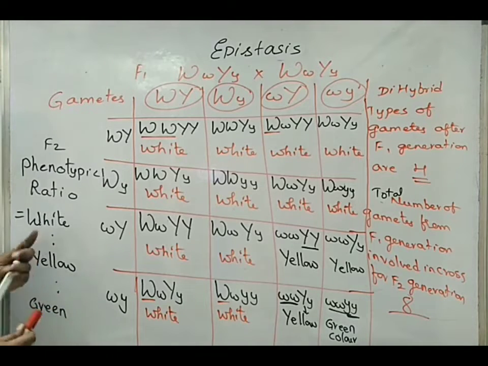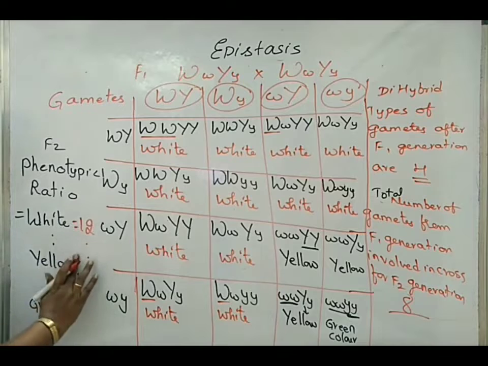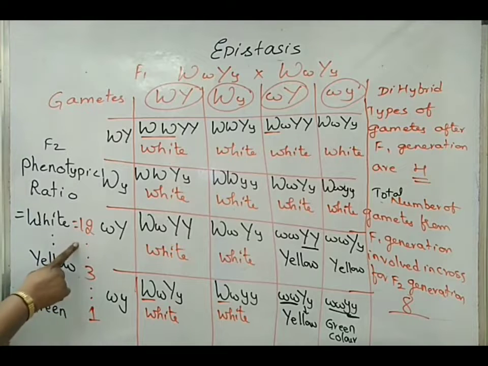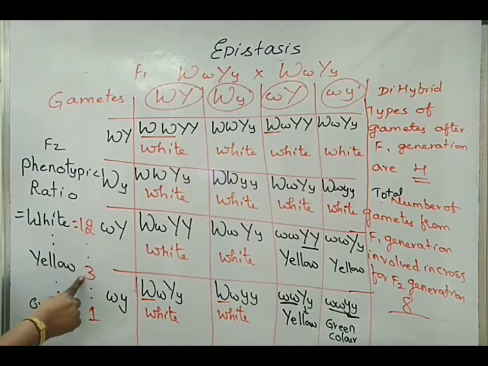So according to the phenotypic expression of white, yellow and green color flowers, the ratio is: white are 12, yellow are 3, and this one is green colored flower, 1. So this is the dominant epistasis ratio, 12 is to 3 is to 1. Again I am telling, the phenotypic ratio in the F2 generation of dominant epistasis according to our syllabus is 12 is to 3 is to 1.